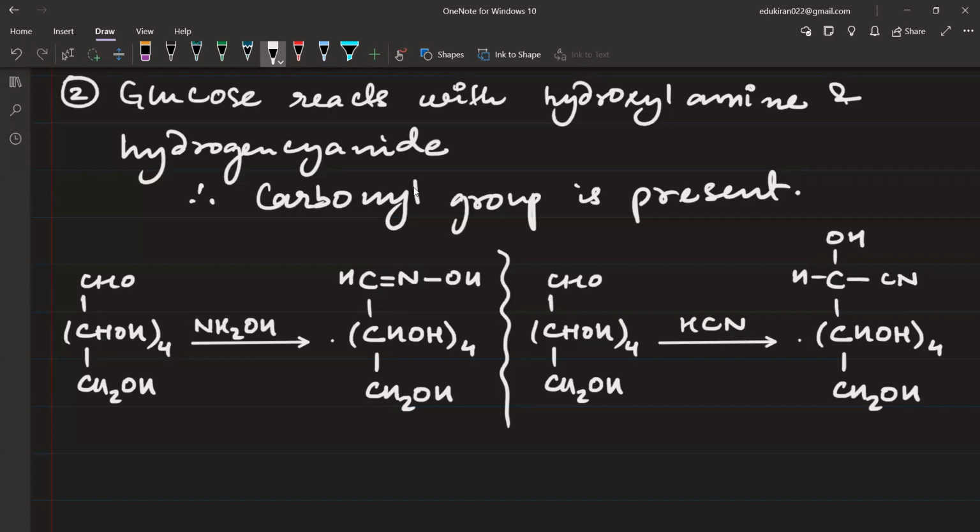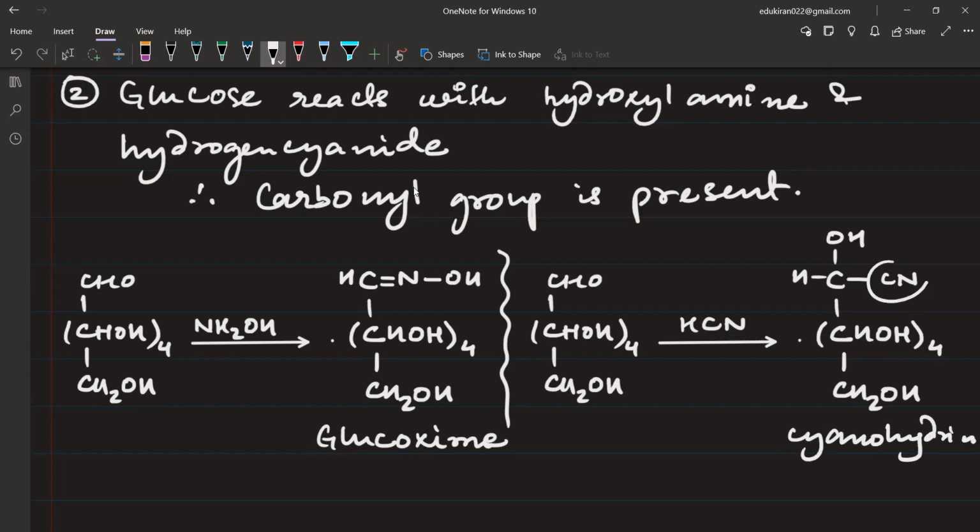So this is oxime, maybe this is glucoxime, and this is cyanohydrin. Write these two reactions.